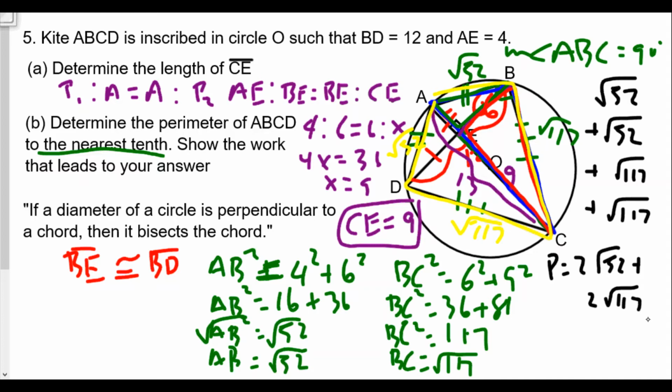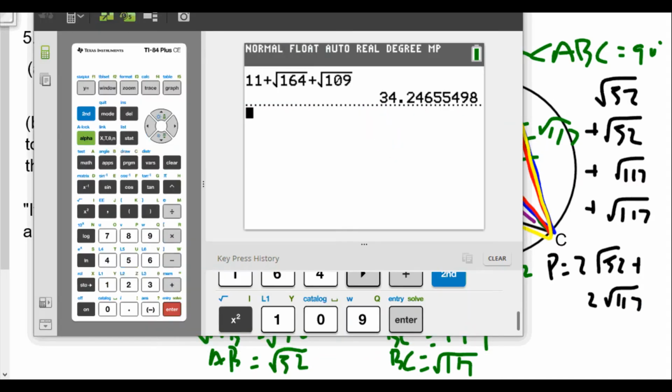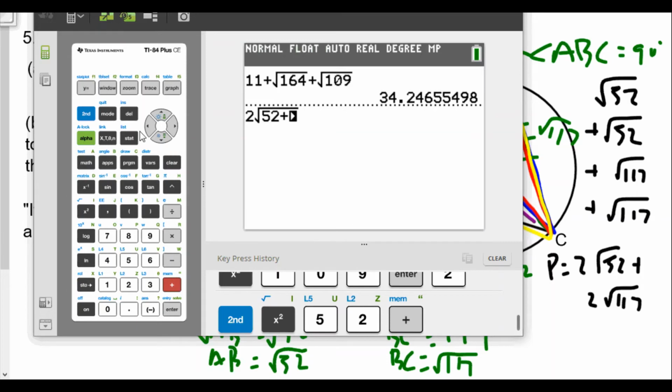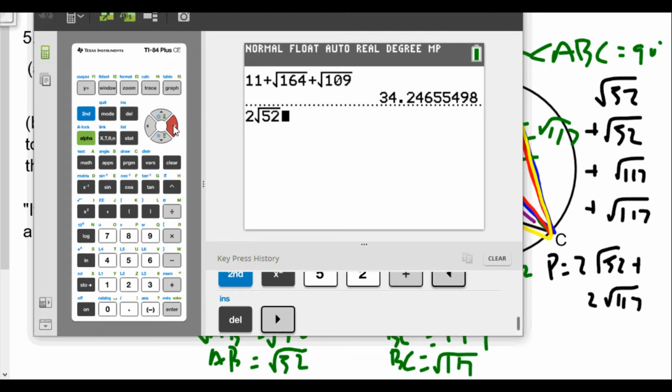And so we're going to bring our calculator. All right, so here we go. We're going to do 2 times the square root of 52, because we want to find the perimeter of the kite, so all 4 sides. Oops, I should not have done that. Instead, I should move to the right and then add 2 times the square root of 117.